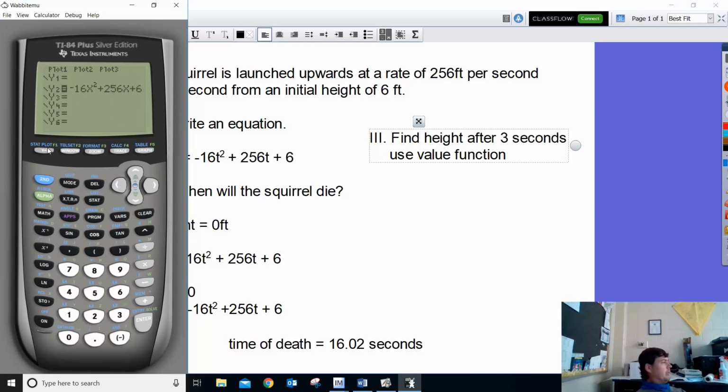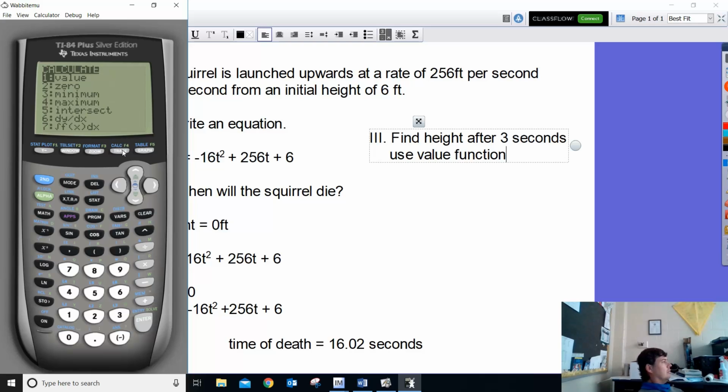Maybe you saw it. Some kids remember about everything they see. But under second trace, the first thing that's highlighted there is value. That means give it an X number, and guess what it returns? It returns a Y.